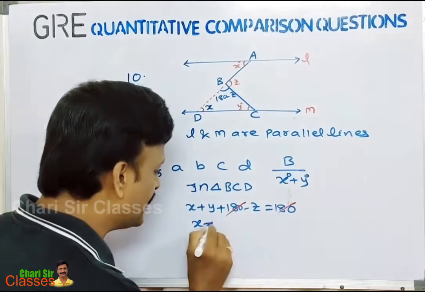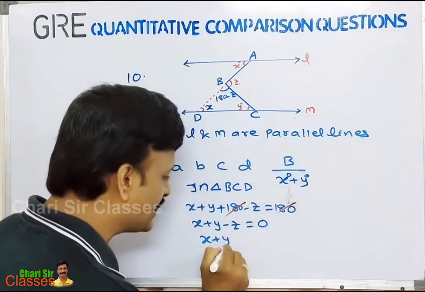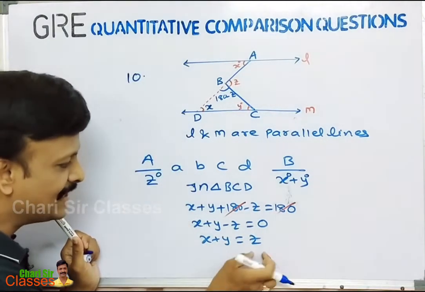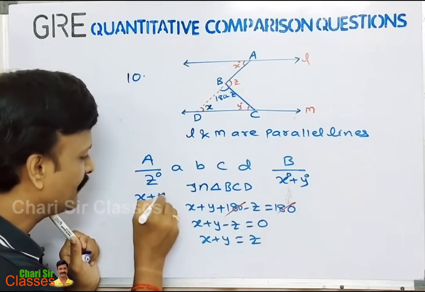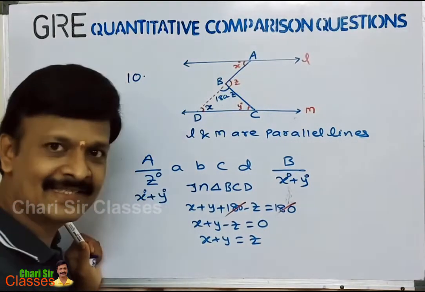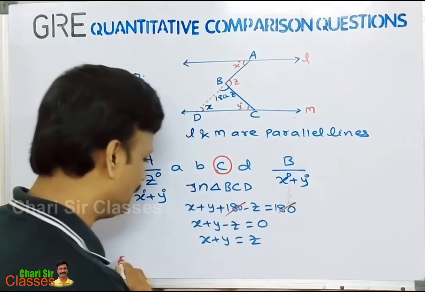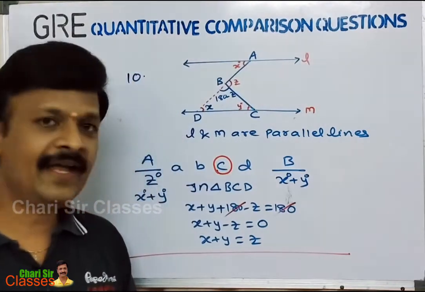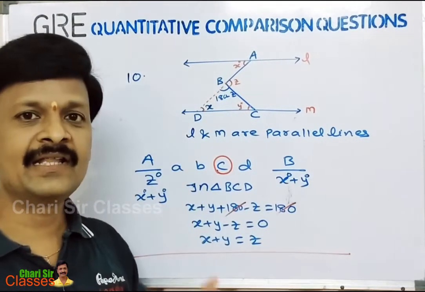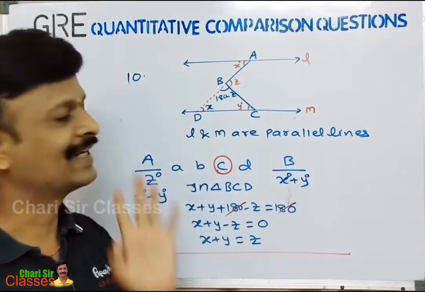Now X plus Y minus Z equal to 0 and X plus Y is equal to Z. So here Z is nothing but X plus Y. So quantity A is X plus Y and quantity B is also X degrees plus Y degrees. Therefore both the quantities are equal. You can select C. That is, when geometry questions are given, when directly with the given information the solution is not possible, then you can go for the constructions like this.